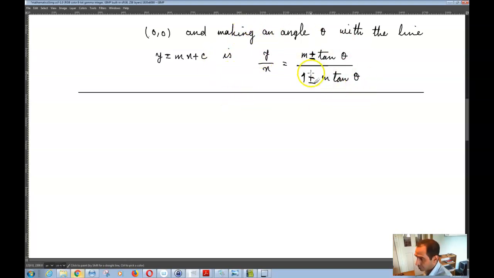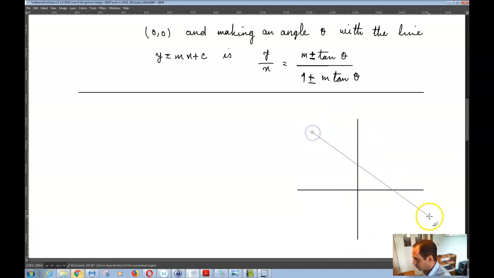Of course this is interesting and useful, meaning that you have any line y is equal to mx plus c, and for example let's say you have this line over here, and there is a line that goes through the origin and of course intersects with this line as well.